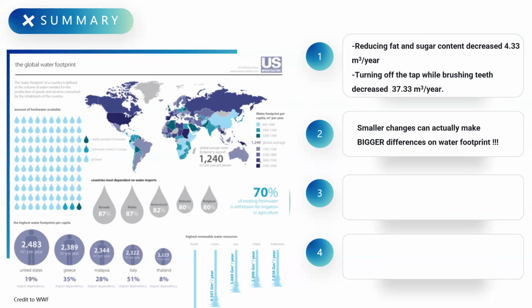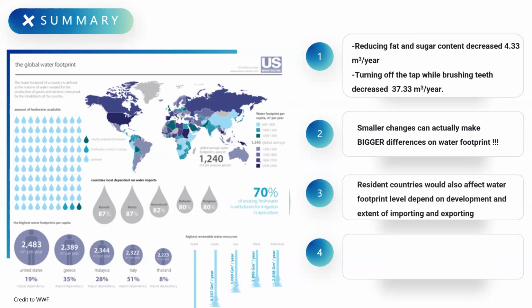You just need to turn off the tap while you wash and brush. So smaller changes can sometimes make a bigger difference than you think. Resident countries also affect the water footprint level, depending on their development and how often they import or export the food and services they need.